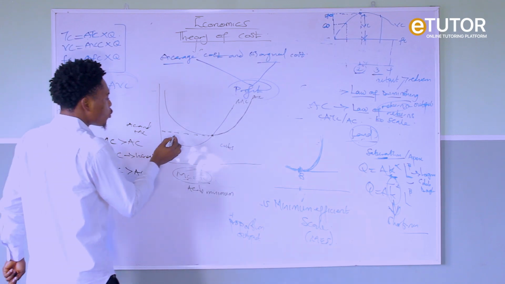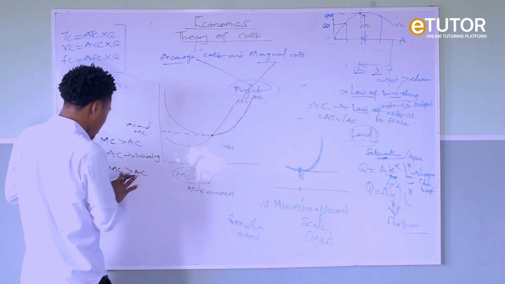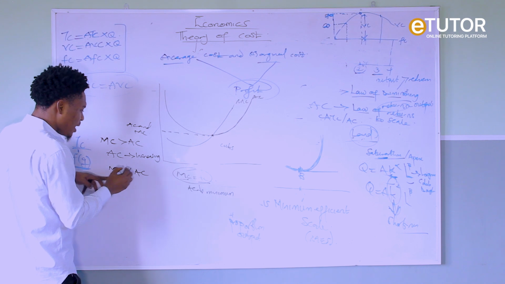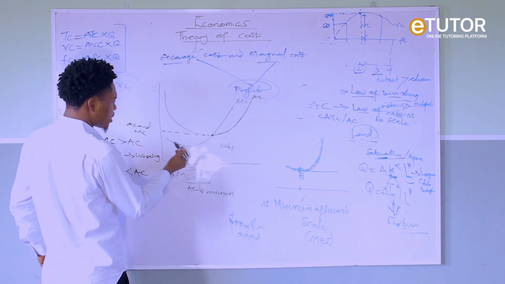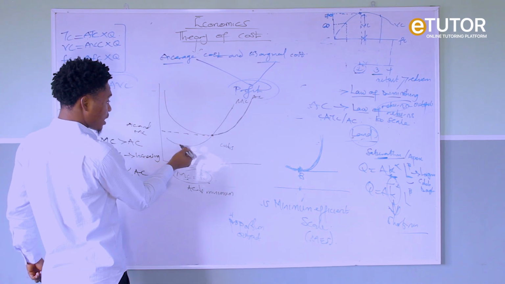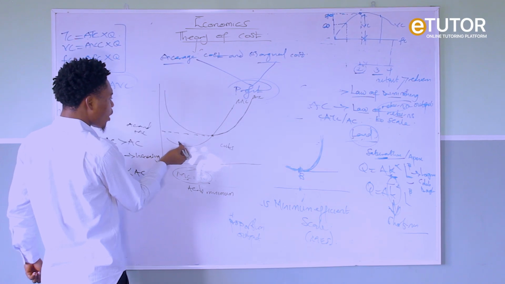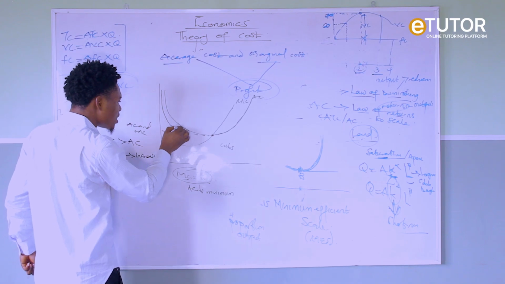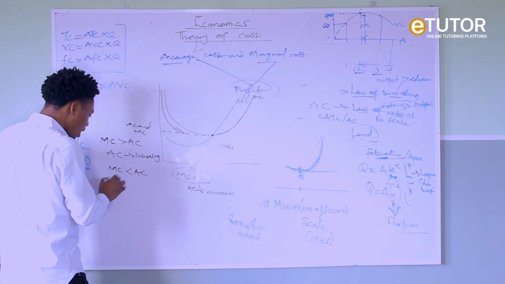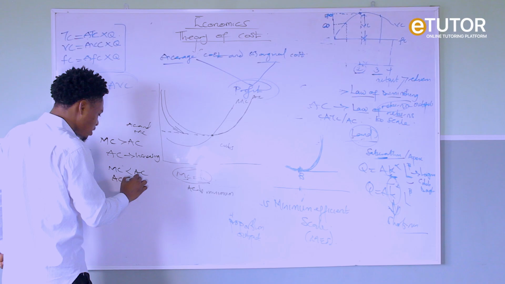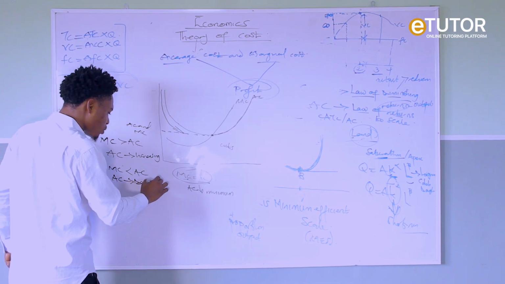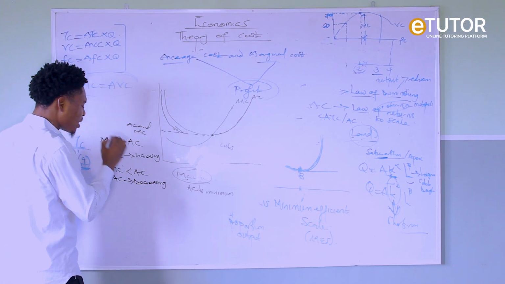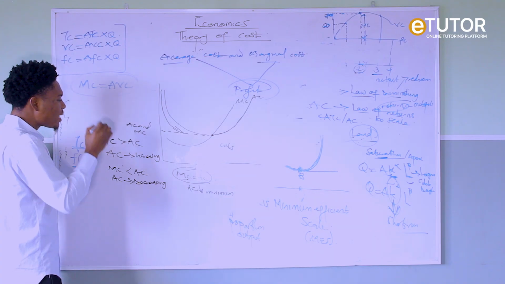Now which one is lesser? This is MC, this is AC. At the point where MC is lesser than AC, it simply means AC is reducing. So AC at this point is decreasing. That's the two other relationships between marginal cost and average cost.